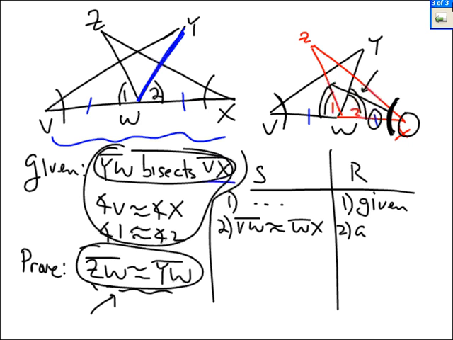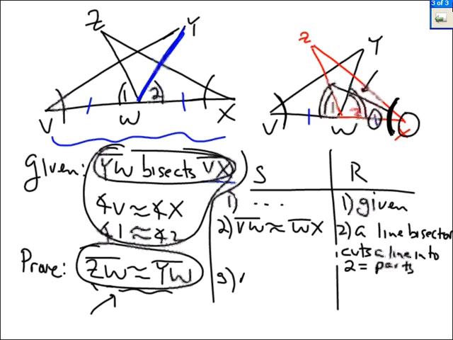A line bisector divides or cuts a line into two equal parts. Okay, and that's all I need.